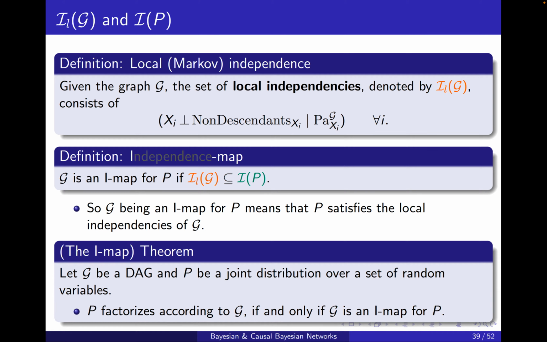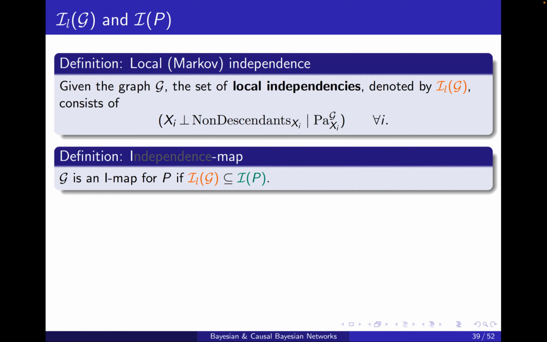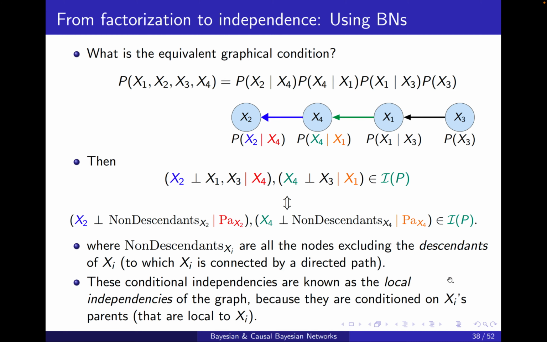Now here's the key theorem. If we have a graph G, and it's directed acyclic, of course, and P is a joint distribution, then we say that P factorizes according to G if and only if G is an I-map for P. Okay, so here's the thing that we were looking for: we no longer need to do all those original chain rule based factorizations.